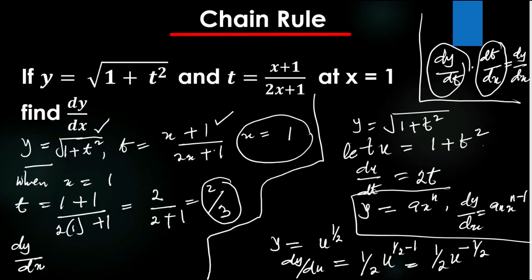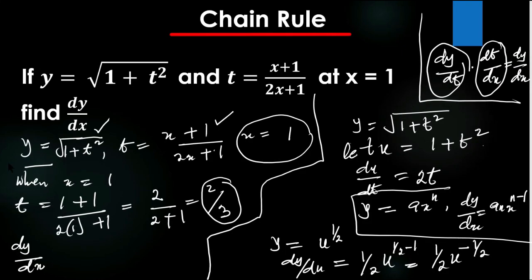We already have du/dt, and we have dy/du. So from here, I can derive my dy/dt, so that dy/dt is du/dt times dy/du. So here I can say that my dy/dt will be dy/du, which is half u raised to power minus half.